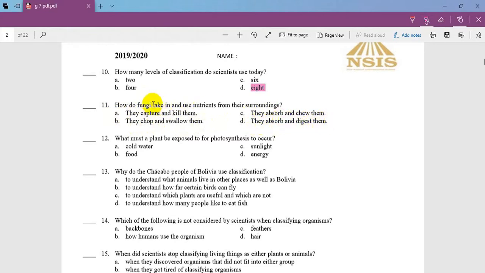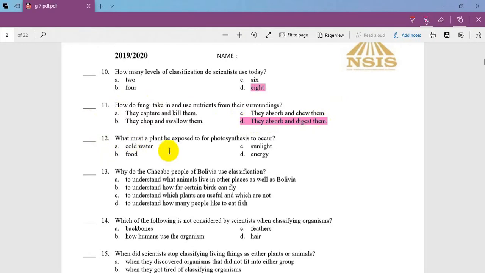Fungi release digestive juices, and these help break down dead organisms. So they absorb and digest them. Of course, they don't kill them. So the answer will be letter D.